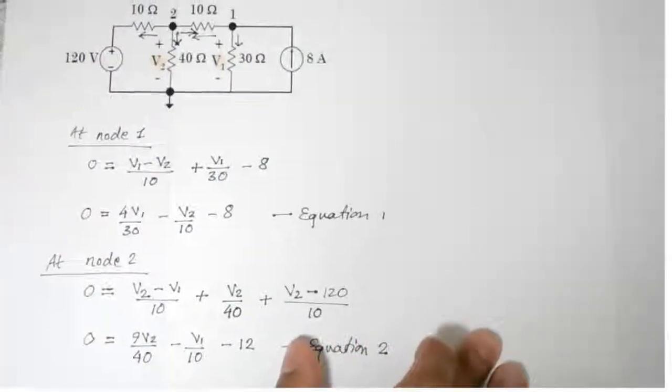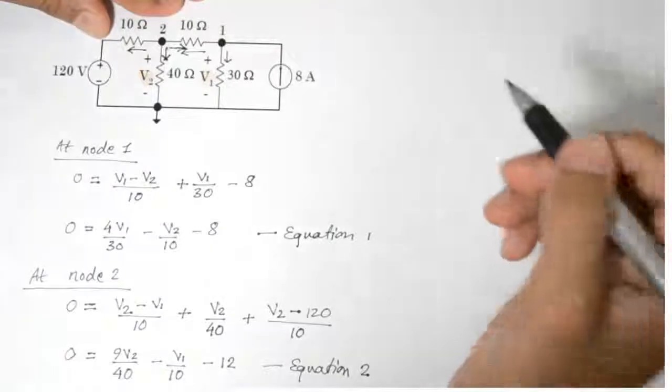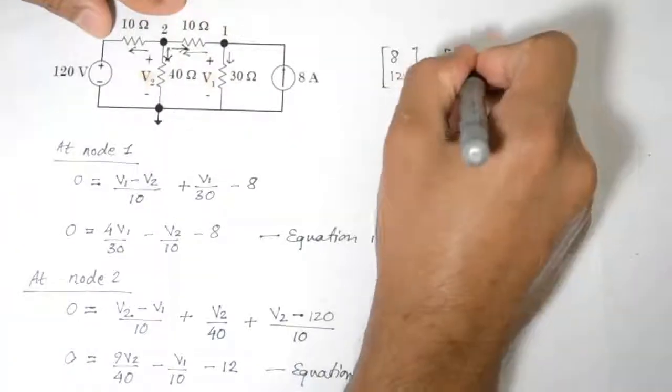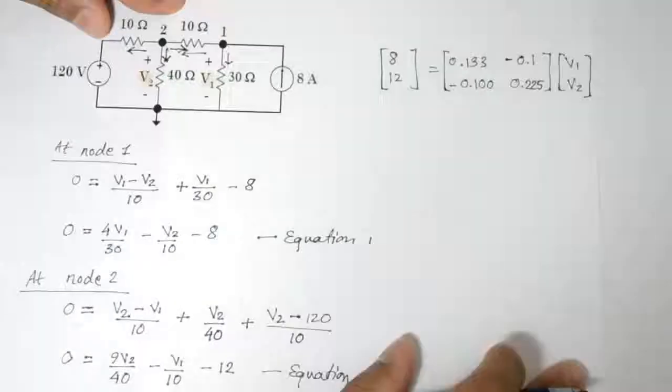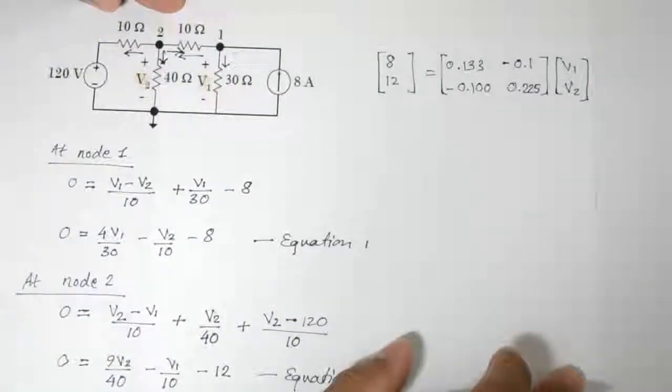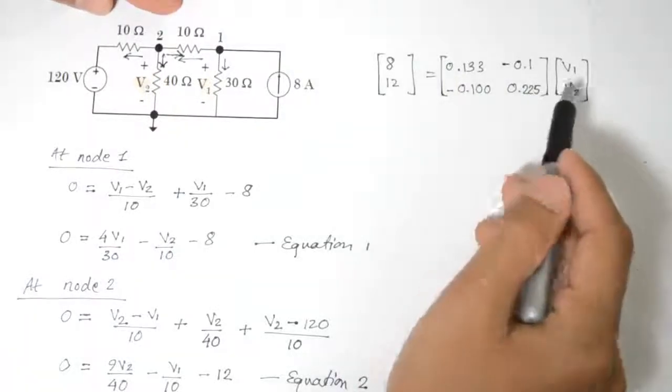So now we can go ahead and do our matrices to solve these two equations, and I hope you guys already know how to do the matrices. Here what I've done is just put it in a form so you can solve for V1 and V2.